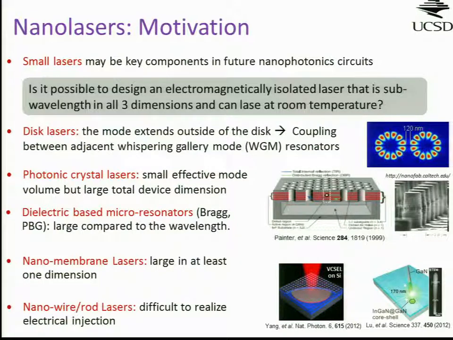There are lots of candidates. Disk is the best candidate. The only trouble is when you make the disk small, your radiative loss goes up, and your Q is dropping down. So it's not useful when you want to really make it small, on the order of radius of 1/4 of a micron, 1/2 a micron.